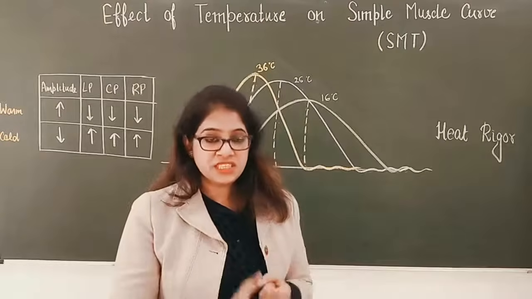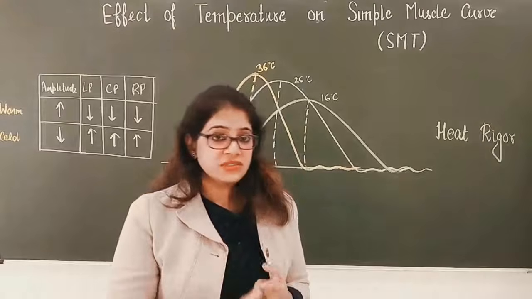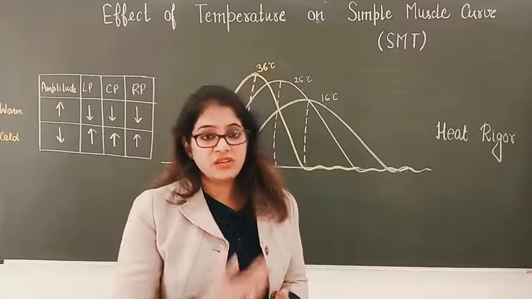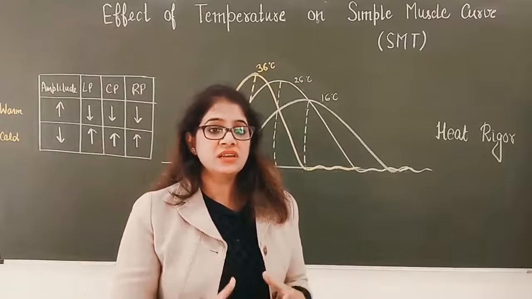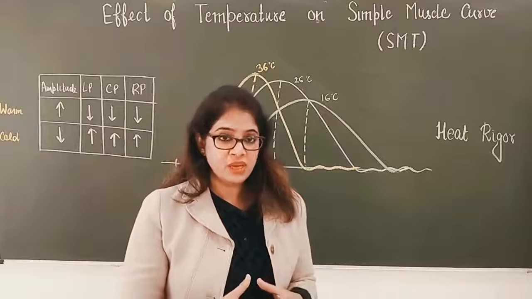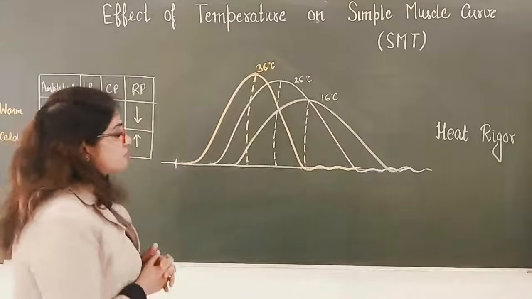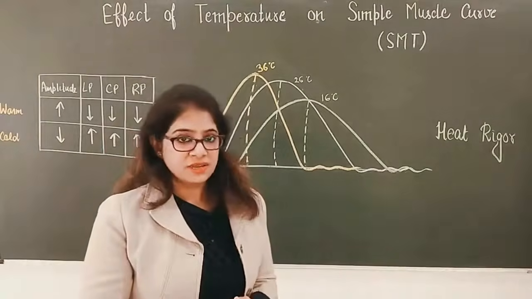So because of increased temperature, there is increased enzymatic activity, there is decreased viscosity, and because of that there is decreased resistance around the actin and myosin. So now the actin and myosin will contract more vigorously, more fast. This has happened because of this, and the opposite will occur in pouring cold saline.